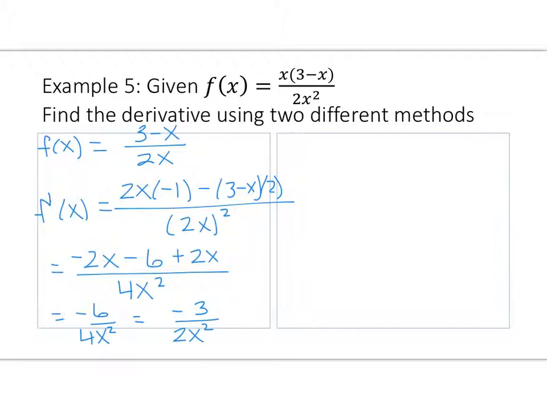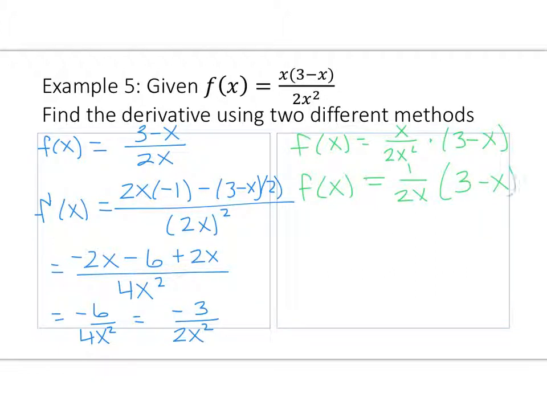I'm still going to simplify that because that makes my life, I think, a little bit easier. But I'm going to make this x over 2x squared times 3 minus x. And then I can simplify that and say f of x is equal to 1 over 2x times 3 minus x.